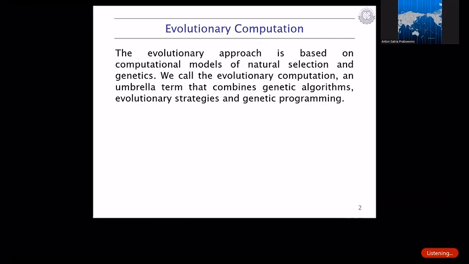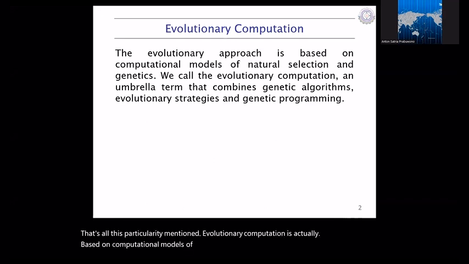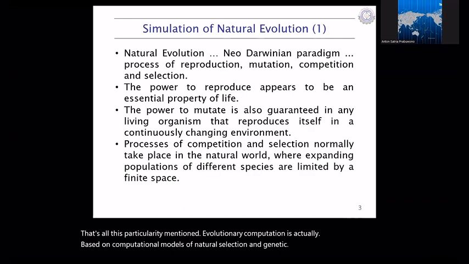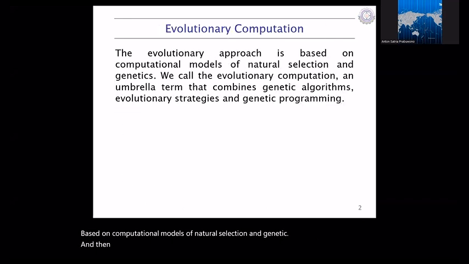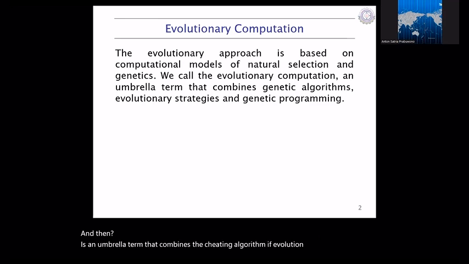Right. So this part was already mentioned: evolutionary computation is actually based on computational models of natural selection and genetics. It is an umbrella term that combines the genetic algorithm, evolutionary strategies, and genetic programming.